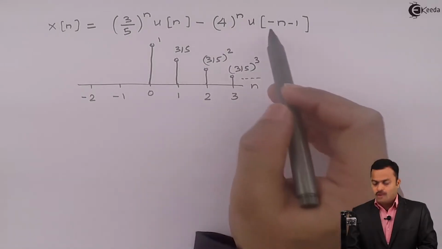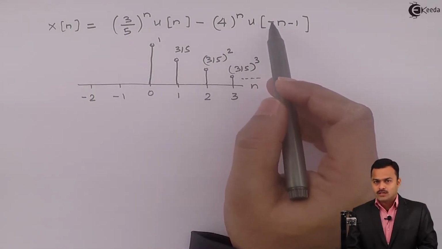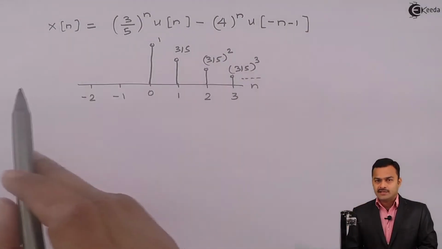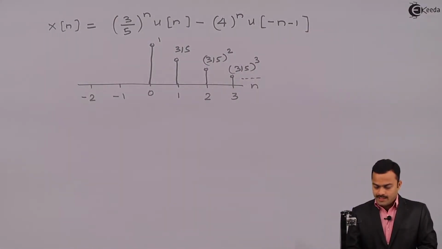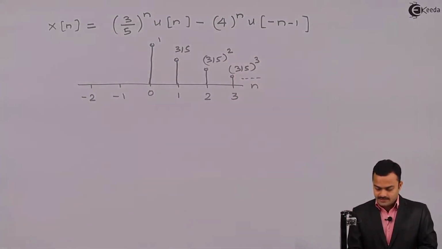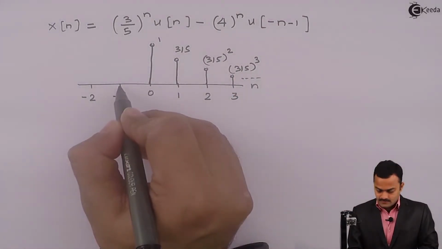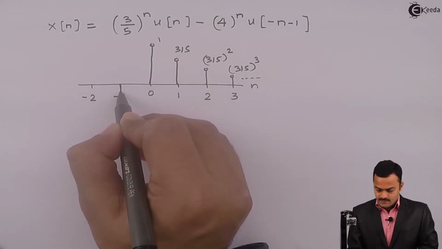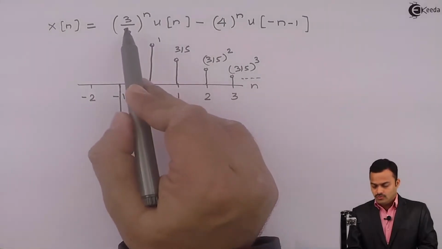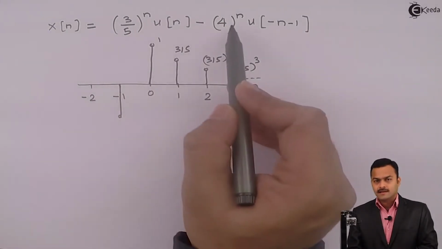And u of minus n minus 1 will have the value 1, just like u of n, but it exists for negative integers. So for n equal to minus 1, in the end I will get minus 1 by 4, because it is 0 minus this term.